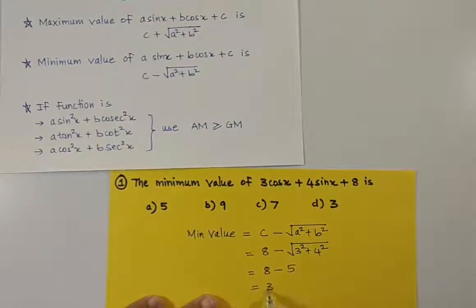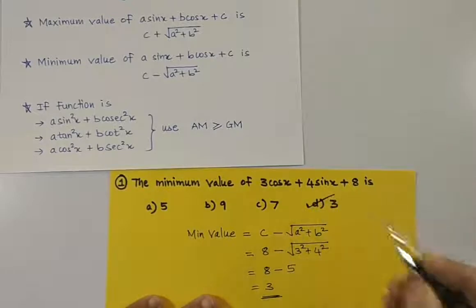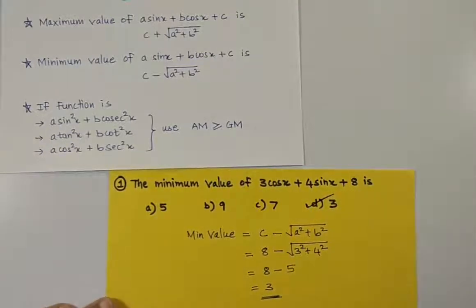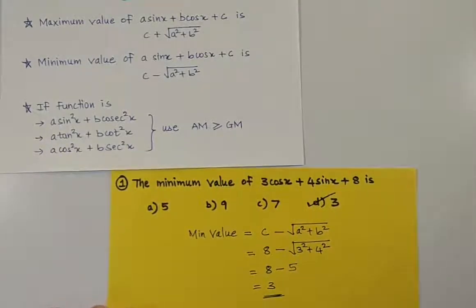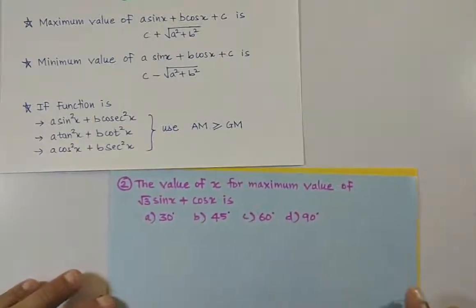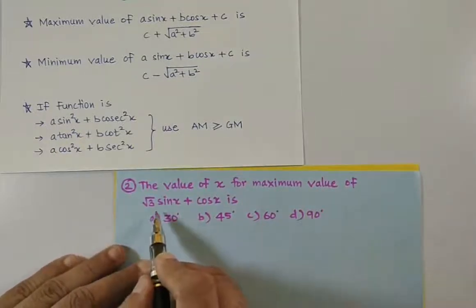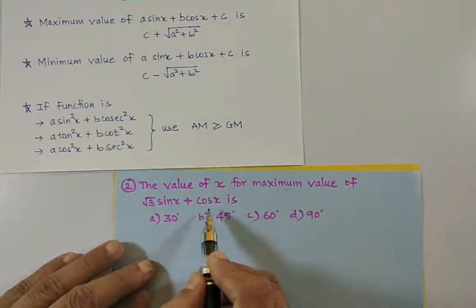So 8 minus 5 you will have 3. So option D is the answer. Clear students?